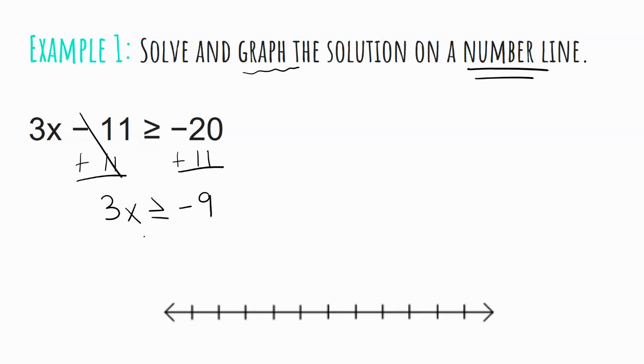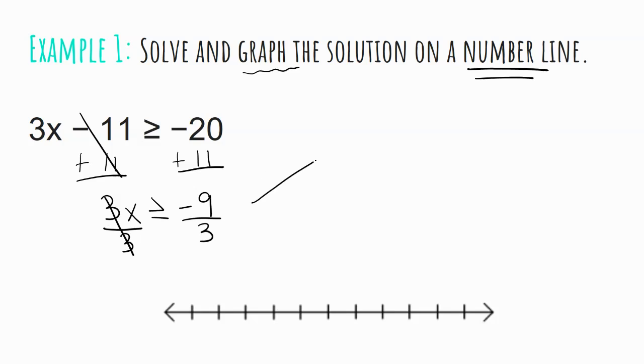So then my last step, remember that once I get to this point, my x isn't quite by itself. So since I have multiplication on the left-hand side, I need to undo this multiplication with division. So I'm going to divide both sides by positive 3. When I do that, the 3's are going to cancel on the left.